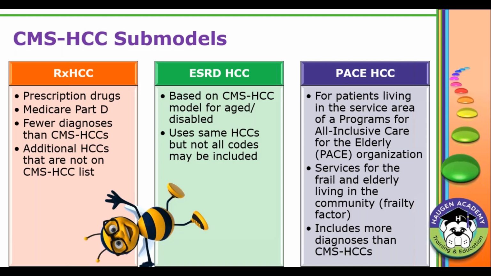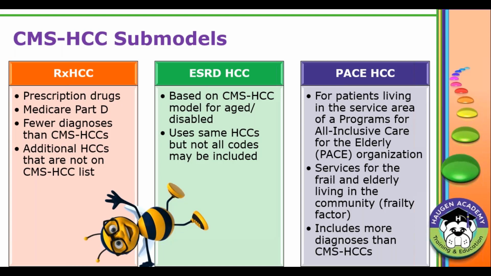There are additional HCCs also that are on the prescription list that do not affect the risk for a patient on the grand CMS model. So for example, if I recall correctly, I think hypothyroidism might be one of them, where it's not going to generate a CMS HCC, but because the patient is on medication for that, it will generate an RX HCC if the patient has Part D coverage.